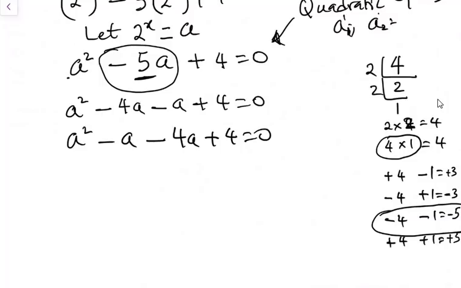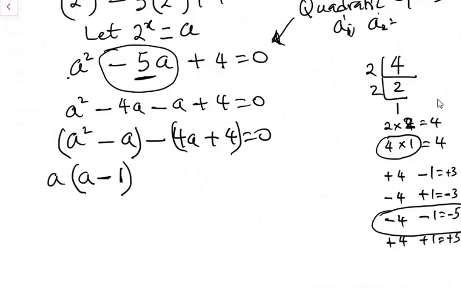We'll rearrange so we can break it into 2. On the left hand side, we look at what is common in the brackets. You notice a is common. What do we multiply with a to give us a squared? Definitely a. And what do we multiply with a to give us a? That will be 1. A times 1 will give us a.